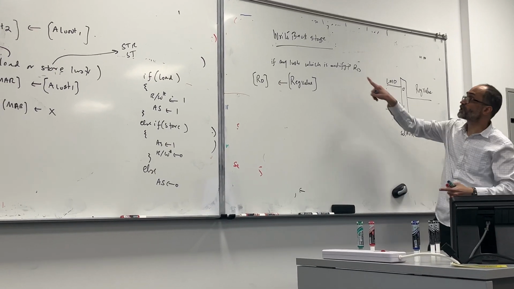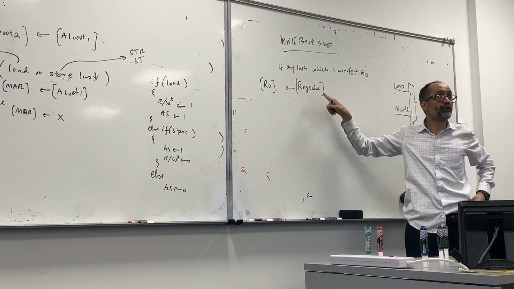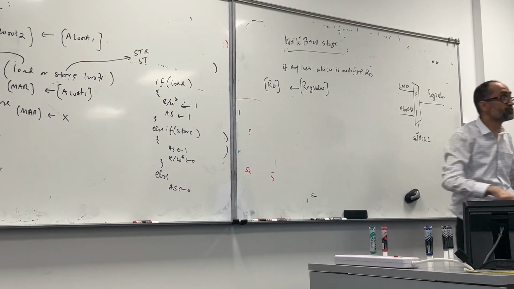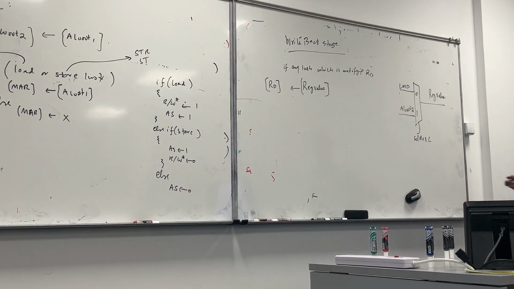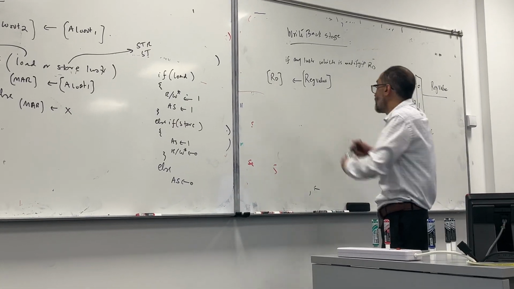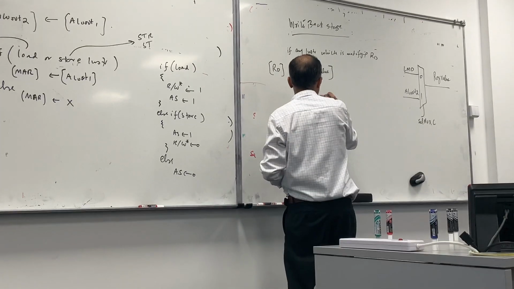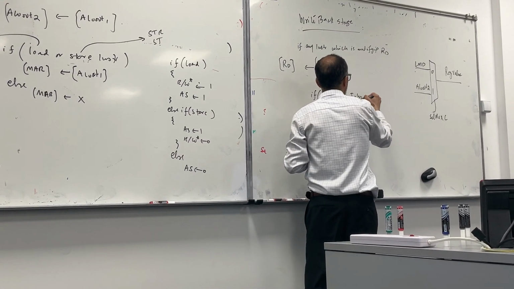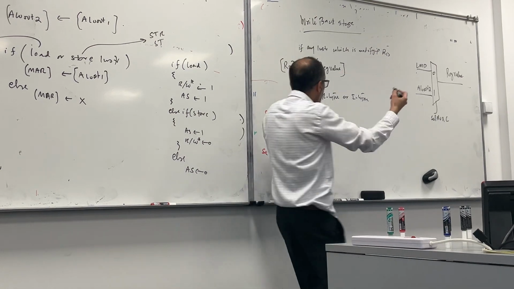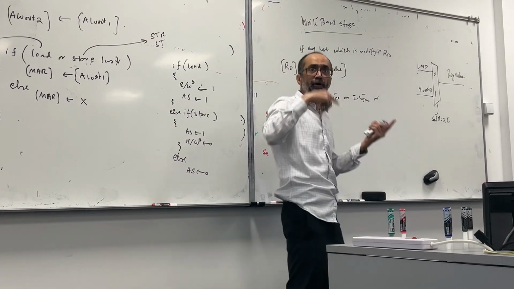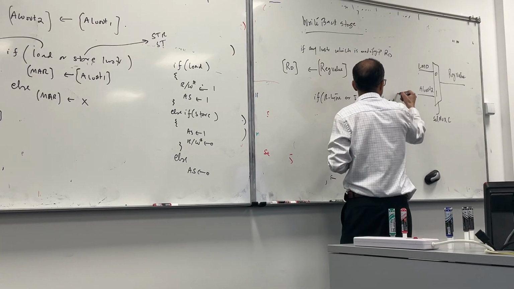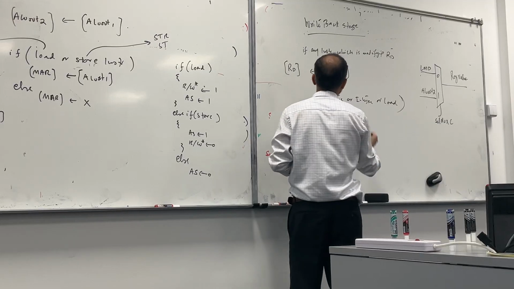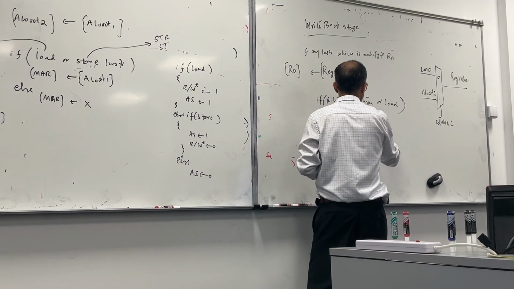So any instruction which is modifying RD will write to RD. But there are some instructions which are not modifying RD. Let's assume a store instruction is not modifying RD. So basically, we can also write, if it is an R type or I type, or a load instruction, the value of RD will be the reg value.